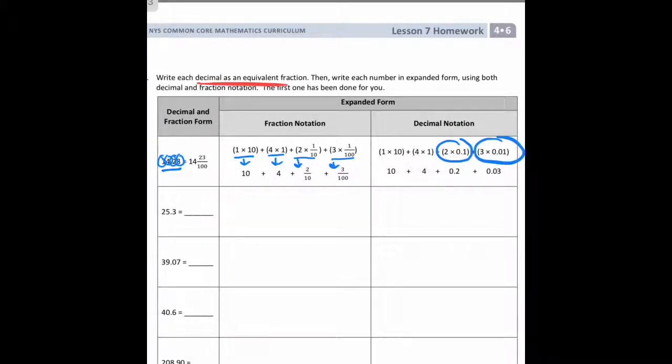The only difference on the decimal notation side is that instead of fractions, you're going to write the decimal equivalent. So we're going to start off with 25.3, which is going to be the same thing as 25 and 3 tenths because that 3 is in the tenths place.